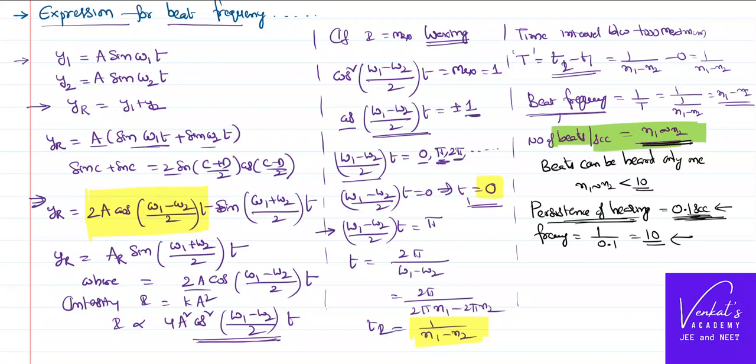So beats can be developed but cannot be experienced by a human being if the interval between the two sounds is less than 0.1. That means the maximum possible number of beats is 10, that is, the difference between the two frequencies has to be 10 or less than 10.